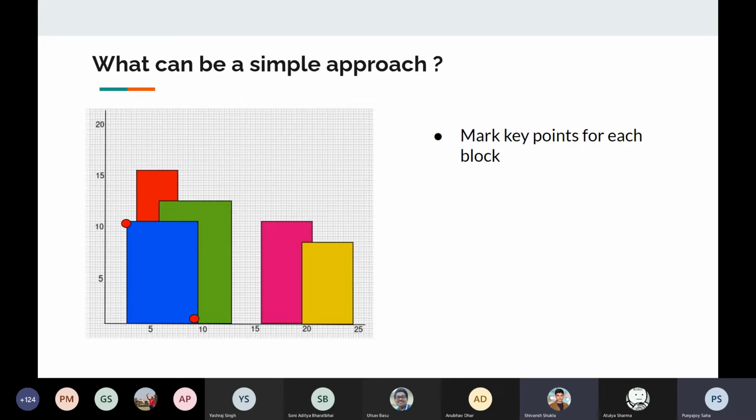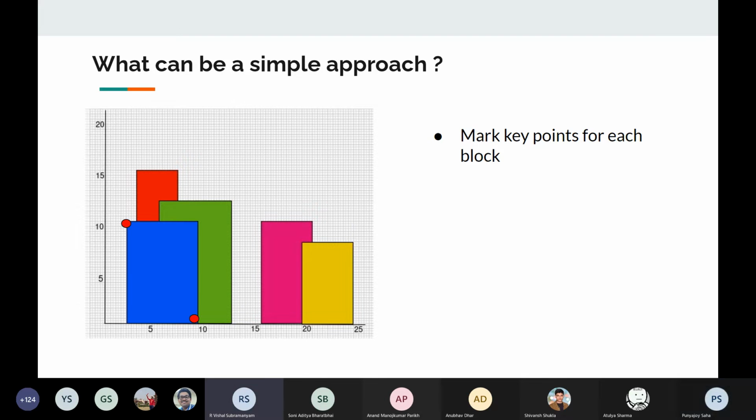So you want to sort them in increasing order of height? Decreasing will be better, I think. Yeah, okay, that can be one step. Then let's say we sorted in some order, then what should we do? Though sorting is not necessary, let us consider for now that it is done. Then what should we do?